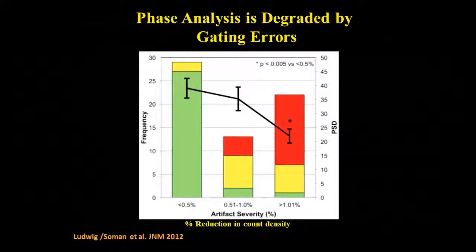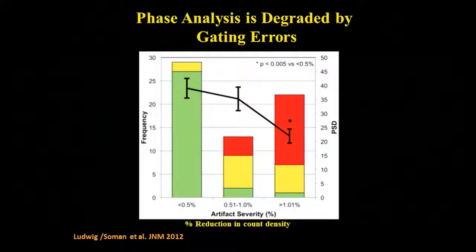What is off is the timing of contraction, right? So this was studied in a simulation study from the University of Pittsburgh, where they showed that if you had severe gating artifacts, there was a considerable reduction in dysynchrony as defined by the phase standard deviation, right?